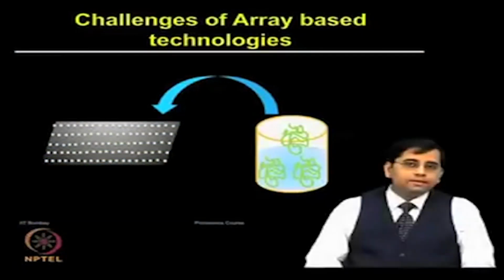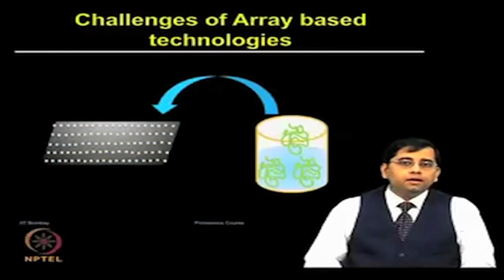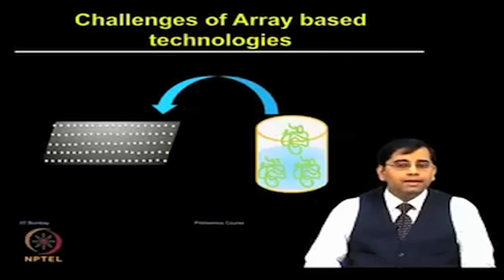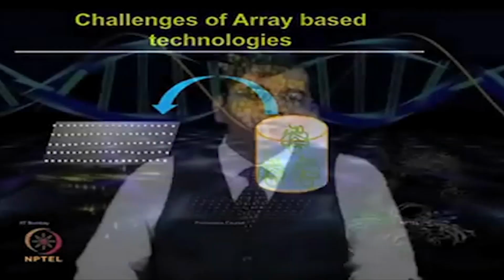Array based proteomics. Array based proteomics, such as protein and antibody microarrays on which thousands of discrete proteins are printed, provide an important platform for large scale functional analysis of the proteome.